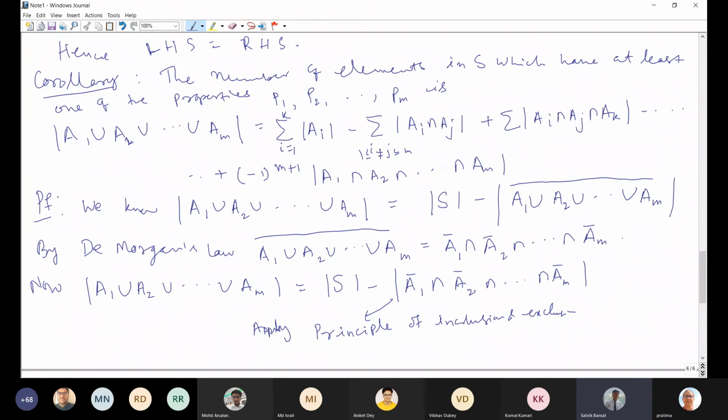Okay, you can write that, because in some books they do refer to this corollary also as the principle of inclusion and exclusion.